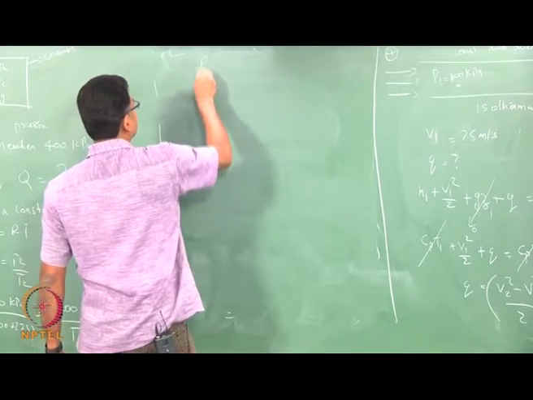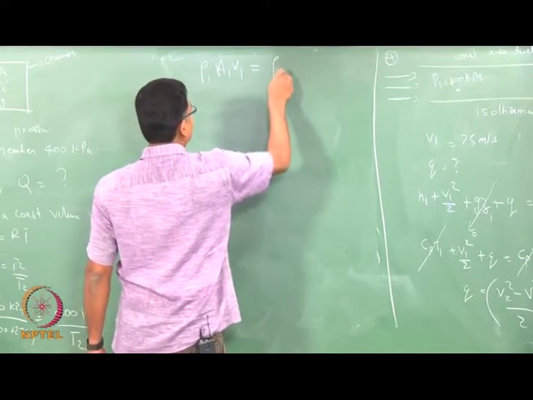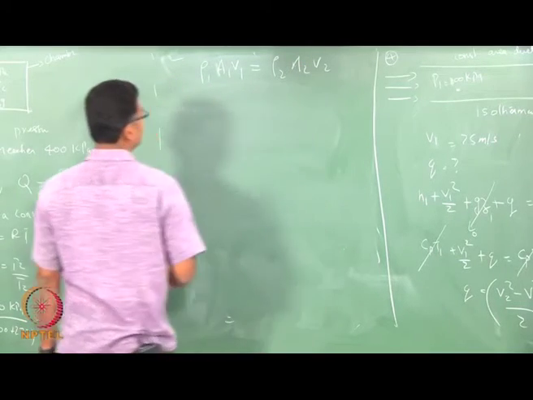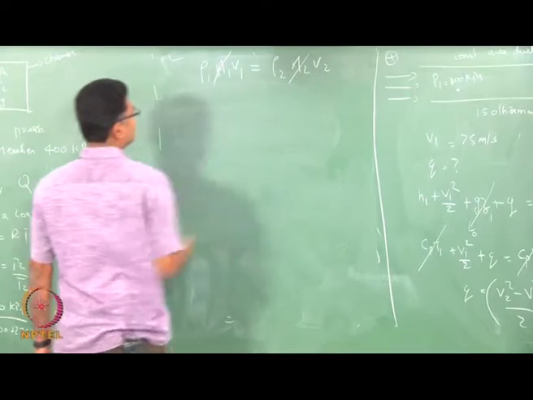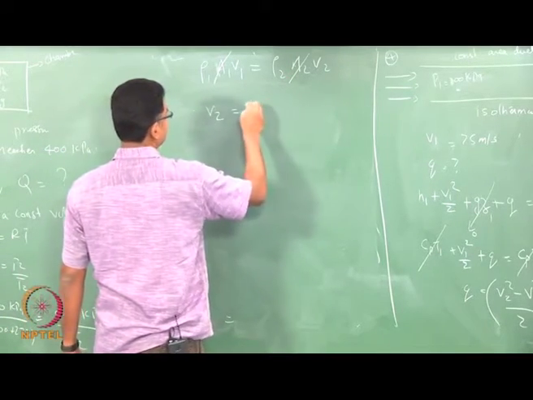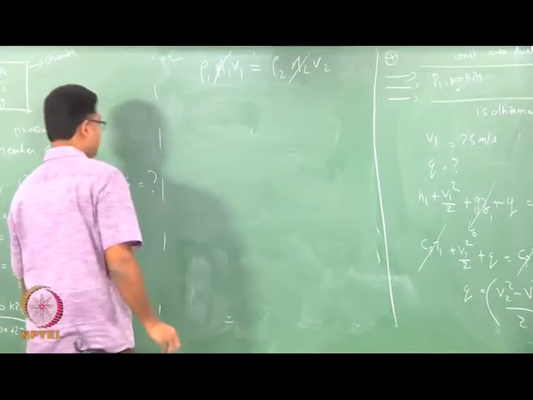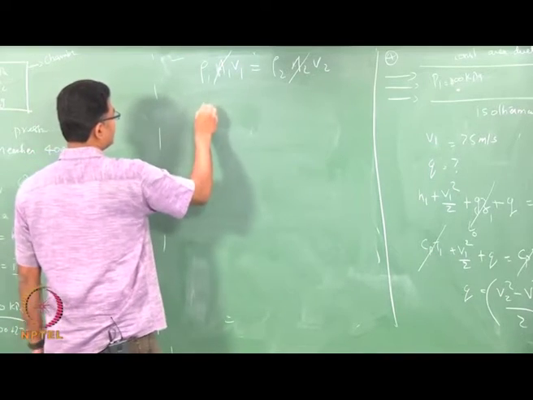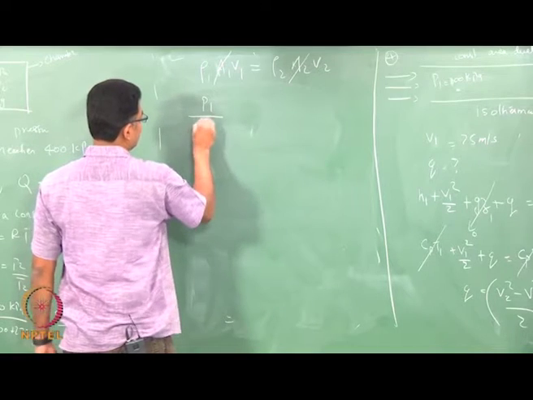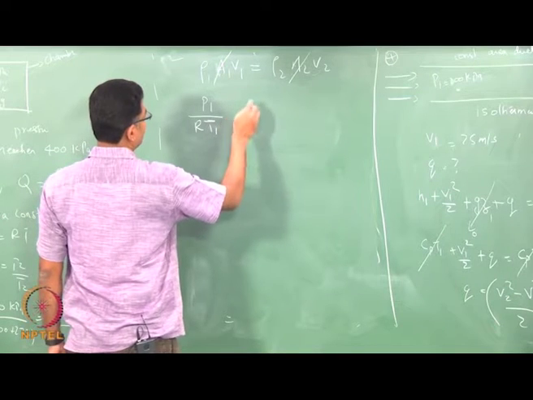You could use the mass conservation equation, the area cancels out. So, your rho 1, you substitute from the ideal gas equation, P1 by R T1, is your rho 1.